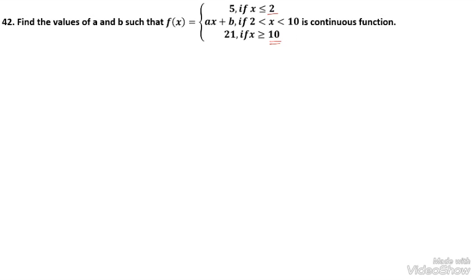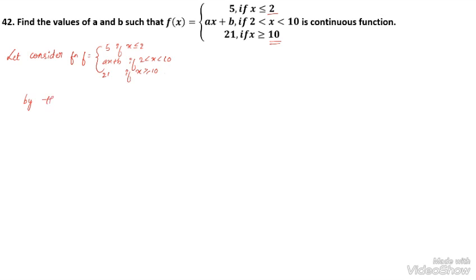Here, first let us consider the function f of x is equal to 5 if x is less than or equal to 2, ax plus b if 2 is less than x less than 10, and 21 if x is greater than or equal to 10. We already know the definition.